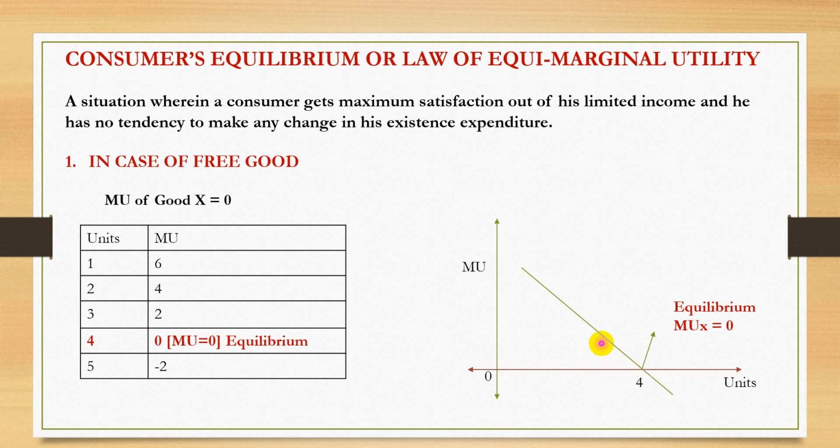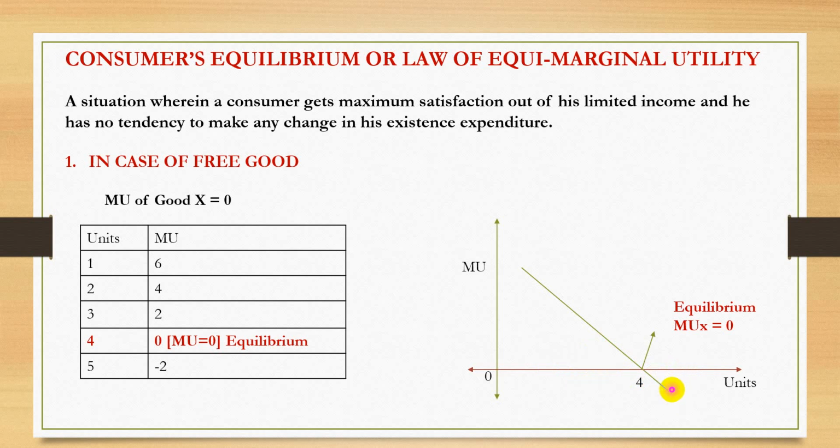So the rational consumer will try to increase the consumption and he will reach 4 units of consumption where marginal utility is 0. Now, if he consumes more, what will happen? This amount is showing negative marginal utility. It means the total gain from consuming 4 units will be reduced by the 5th unit.